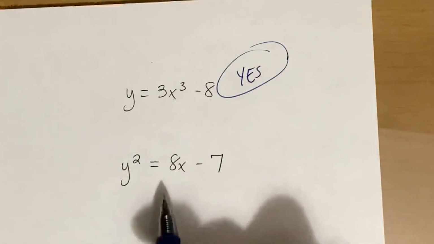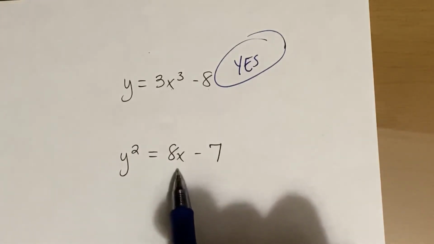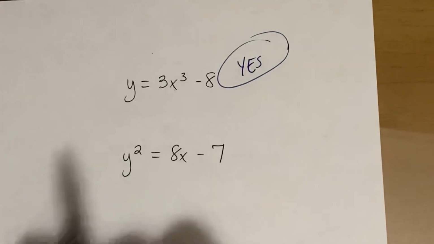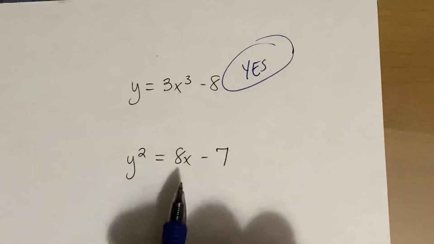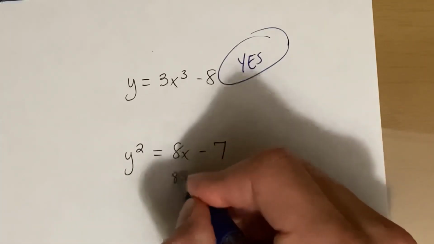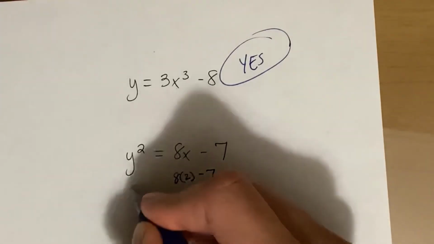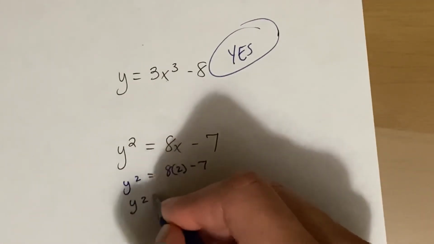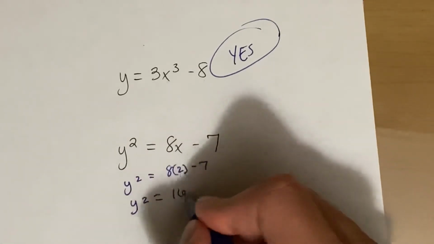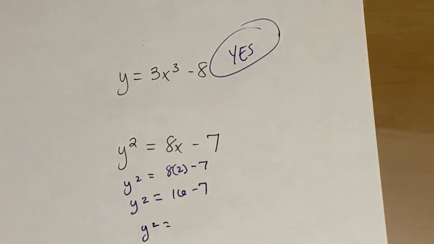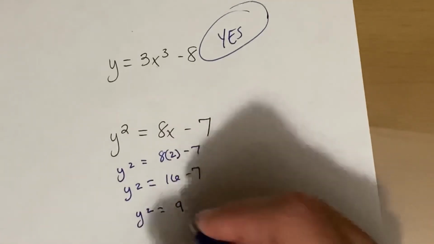Okay, down here, let's say I plug in the number 2. I get 8 times 2 is 16. 16 minus 7 gives me 9, right? So y squared equals 8 times 2 minus 7. y squared equals 8 times 2 is 16, 16 minus 7 is going to give me 9, right?